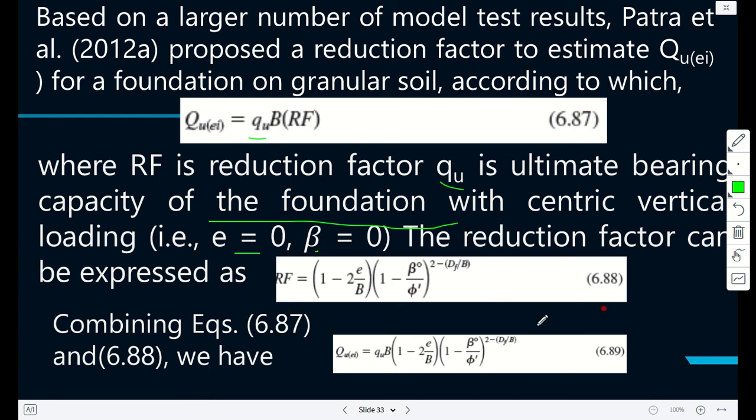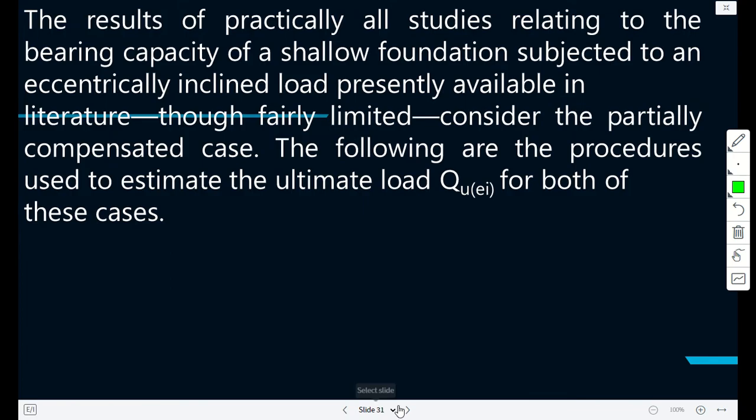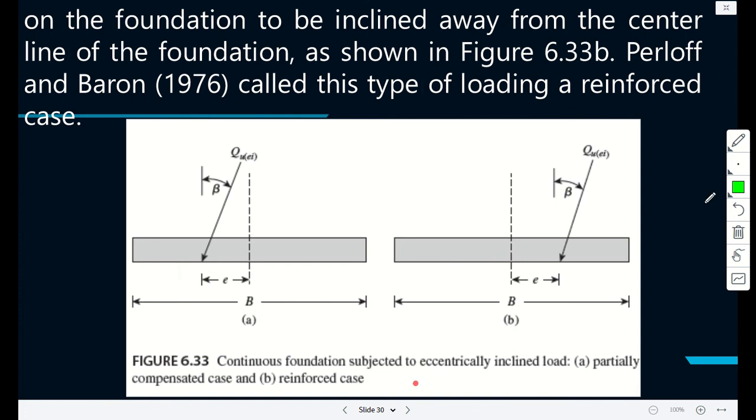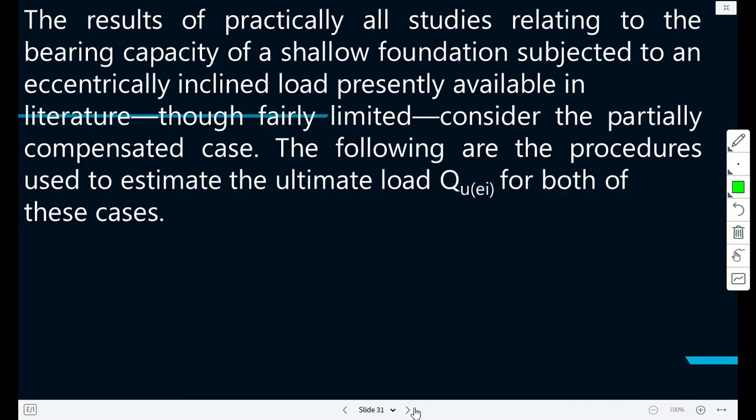If you combine equation 6.87, this and that, this is how to determine the load. This is just for information, because if you find this in the field and you have the note, this is how to determine that particular load.